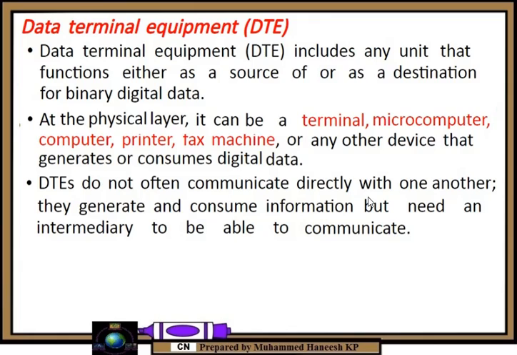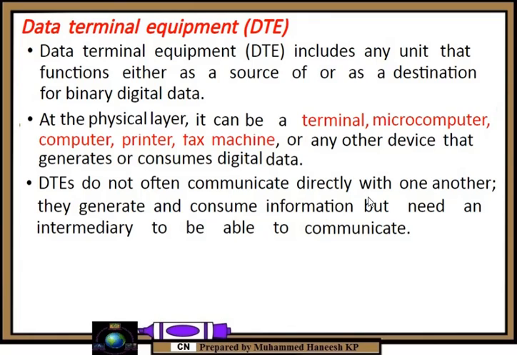Let's take a real life example which will illustrate the working of DTE. Suppose your brain is a DTE device which can generate and consume ideas. If your brain wants to communicate with your friend's brain, it would not be practically possible to transfer the idea directly. Consequently, your brain takes the help of your vocal cords for the interpretation of the idea.